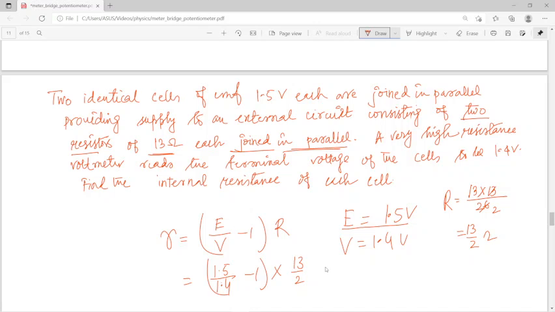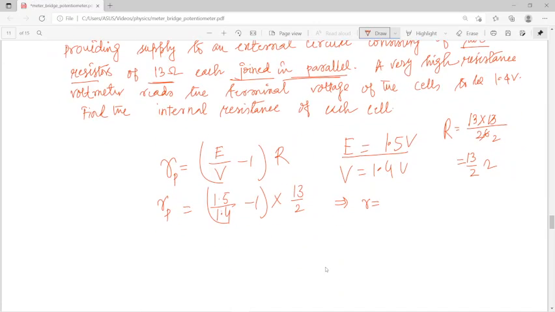If we calculate it, you will get this particular internal resistance value. That is a parallel combination, that means a parallel resistance Rp, because the two cells are connected in parallel. This parallel resistance value should come out, and you can calculate it. Because the cells have internal resistance, they are also connected in parallel.